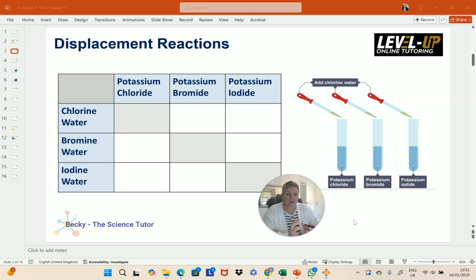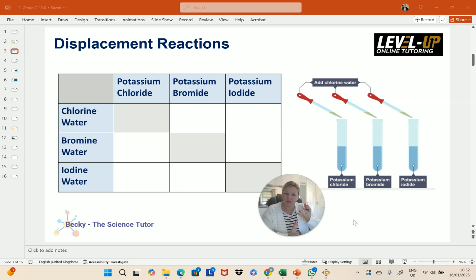And then what we're going to do is we're going to react each one of those with their counterparts in just a water solution. So we're essentially reacting the chlorine with chlorine, with bromine and with iodine, and what we're looking for is, is there a chemical reaction?